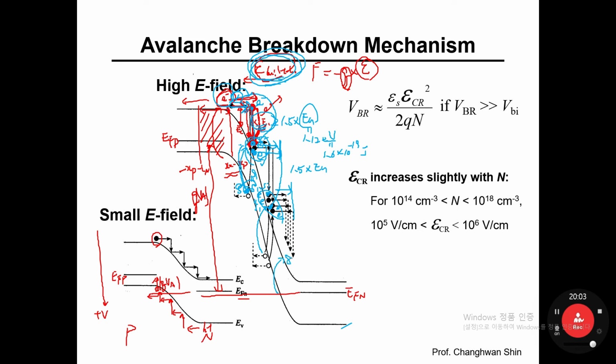Then the electrons are available, and they're going to be accelerated again because of the built-in electric field. So with this mechanism, think about how many electrons can be obtained at each process.